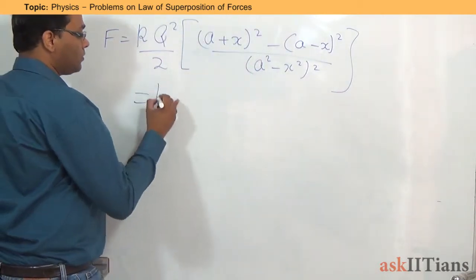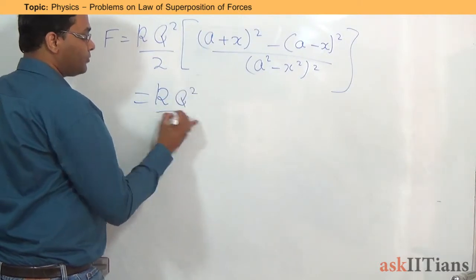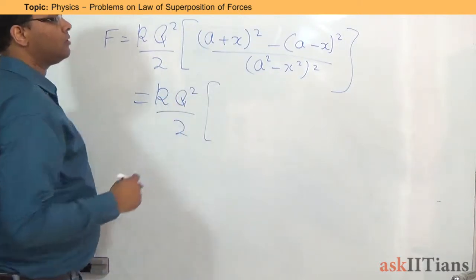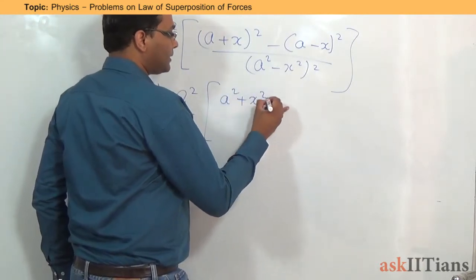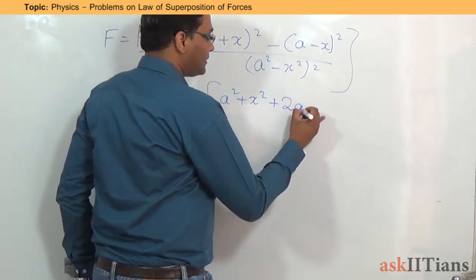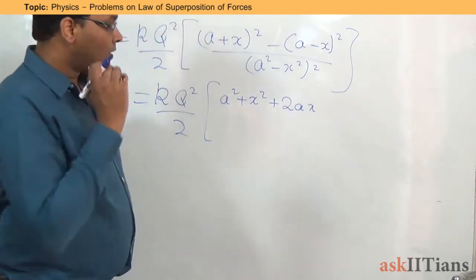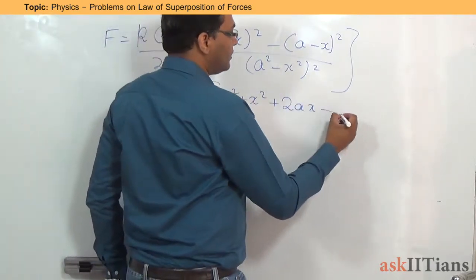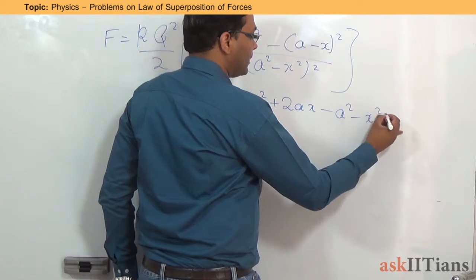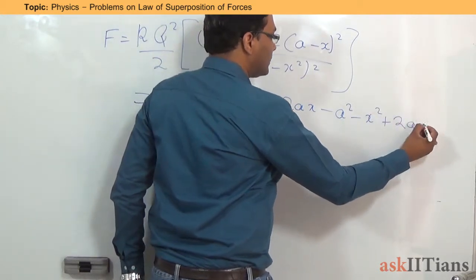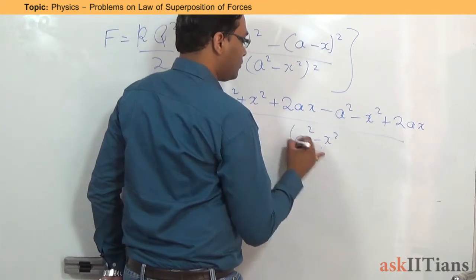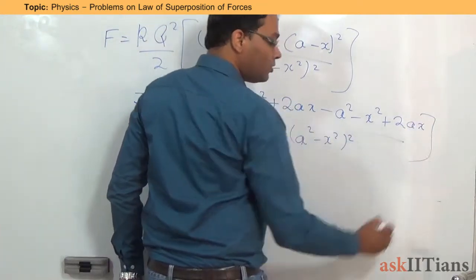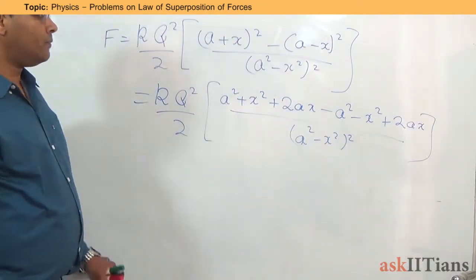Now, from here, if I say KQ square over 2, if I expand this, I'll get a square plus x square plus twice ax, and from this one is going to be minus a square minus x square plus twice ax, whole divided by a square minus x square whole square. Yeah?